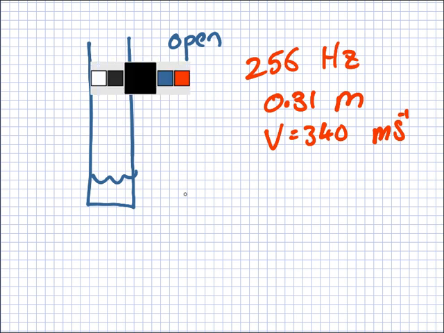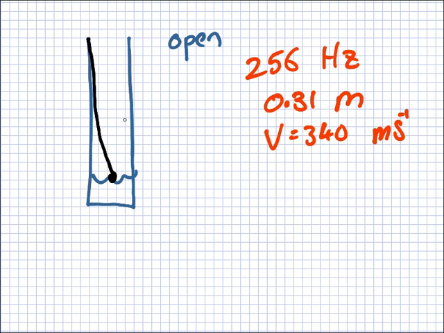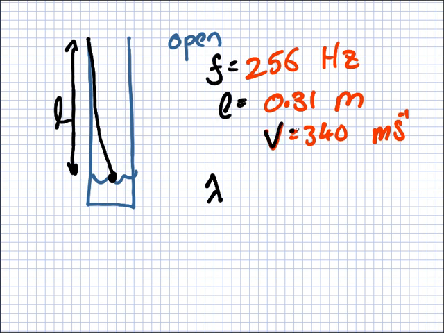Okay, so if it's the fundamental, how much of the wave fits in? There has to be a node here and an antinode here. So that's a quarter of the wave that fits in. So if you were to use this formula, let's just call this length L, which we know, and that's the frequency, and that's the velocity. The wavelength should equal 4L, right?